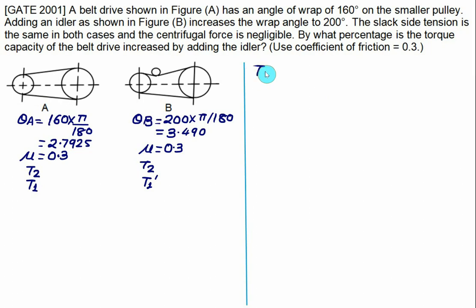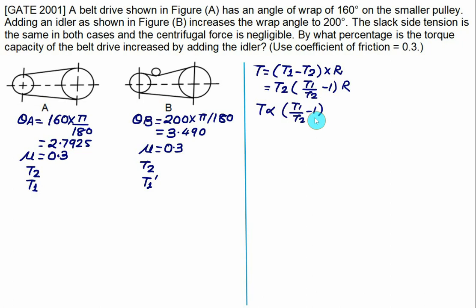Now here the torque is given as the difference between the tension in the tight side minus the tension in the slack side, multiplied by the radius of the pulley. Since T2 remains the same, I will take out T2 common. What is left is T1 by T2 minus 1, multiplied by R. So torque is proportional to T1 by T2 minus 1.